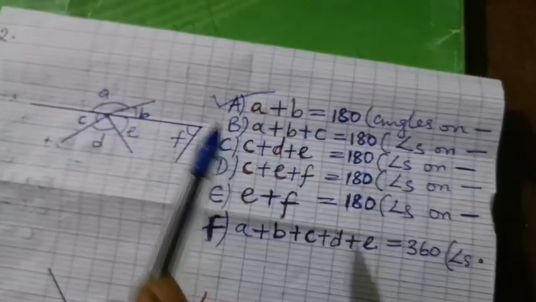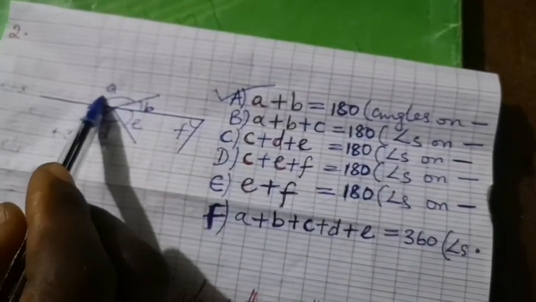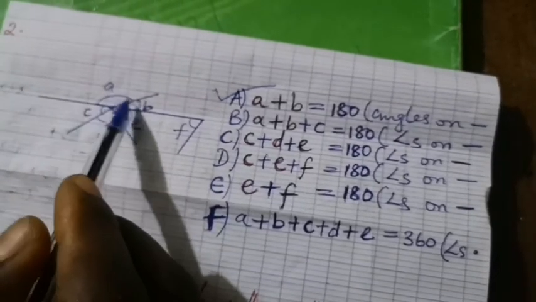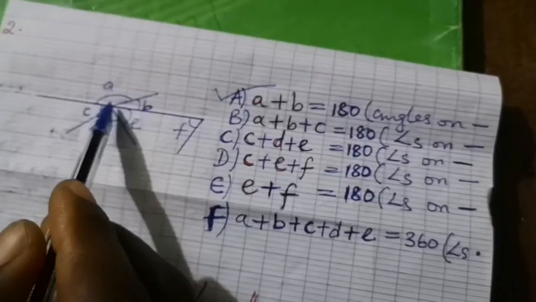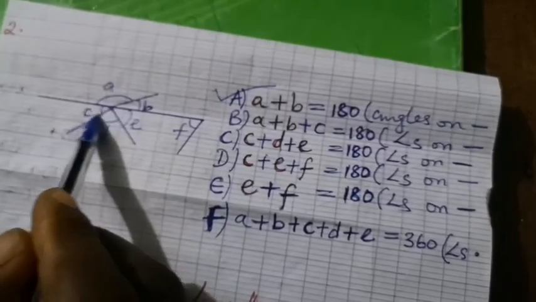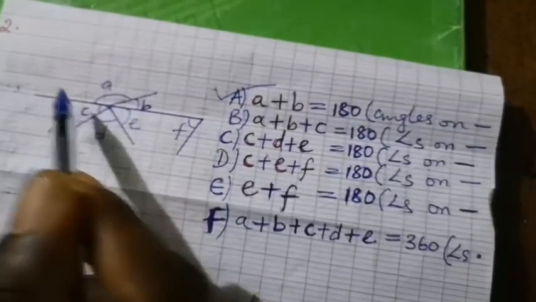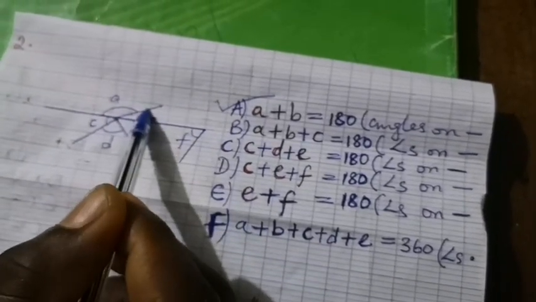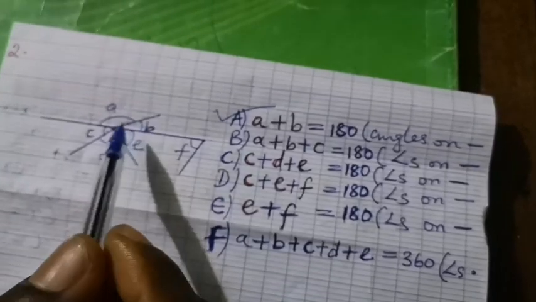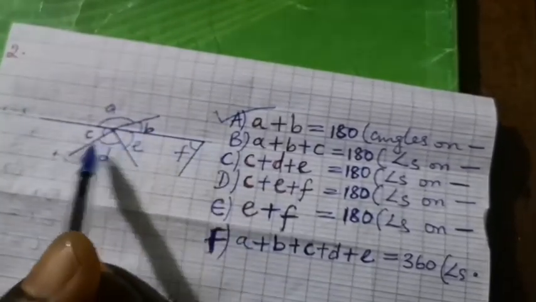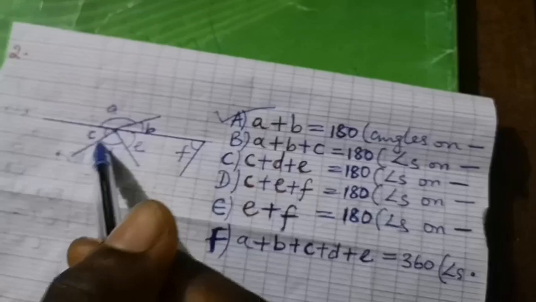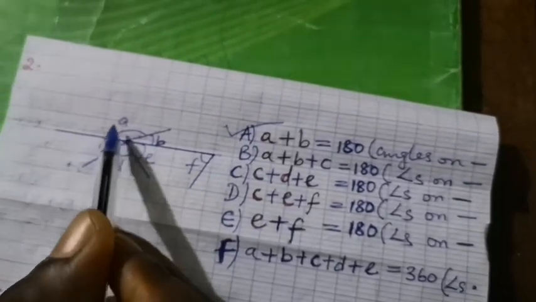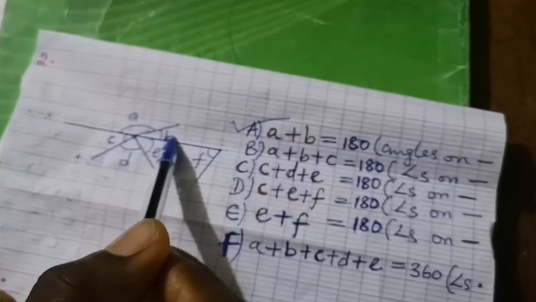on a straight line. Let's look at that one. A plus B plus C. No. A plus B plus C, because this very line is now on the other side of this baseline. This is a baseline to this line, and this one is also a baseline to this one, but this one is on the other side from this one, so we cannot consider C, A, B to be on a straight line.